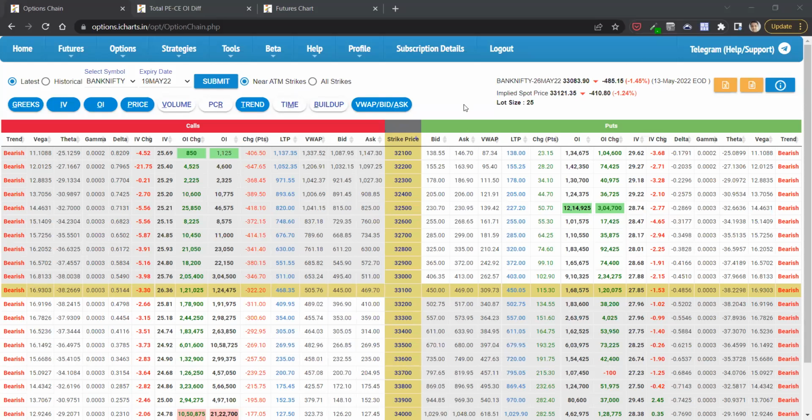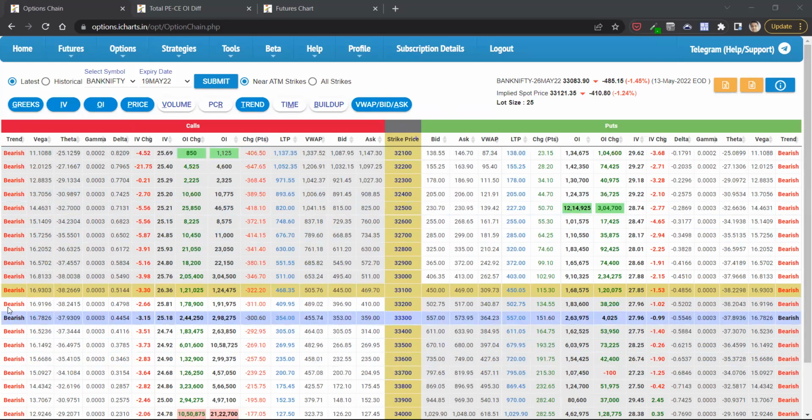There are quite a few who are new to our website, so I'll start from the beginning. Let me start from option chain. Whatever symbol you're looking at, the first thing I would suggest is to enable trend columns.